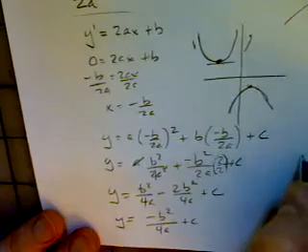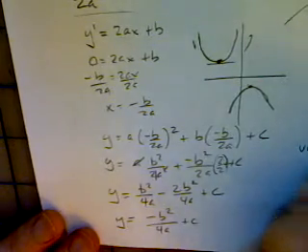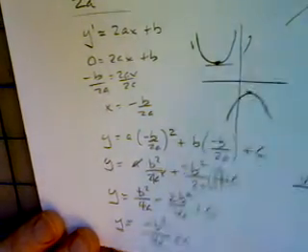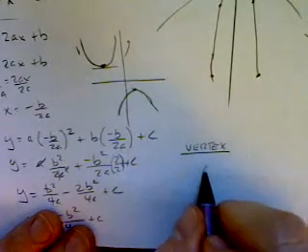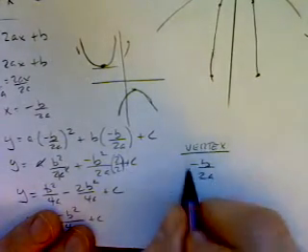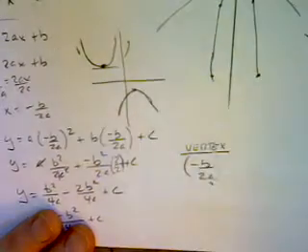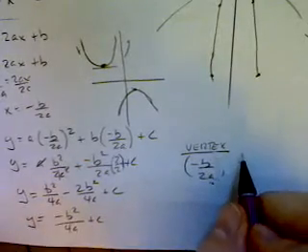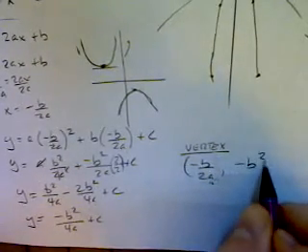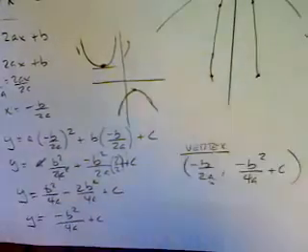And so we see that the vertex can be found at the x value is negative b over 2a and the y value is negative b squared over 4a plus c.